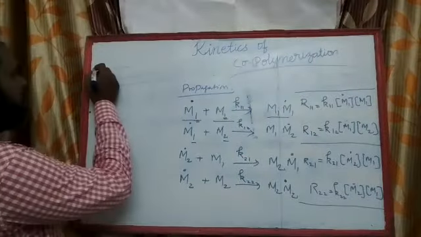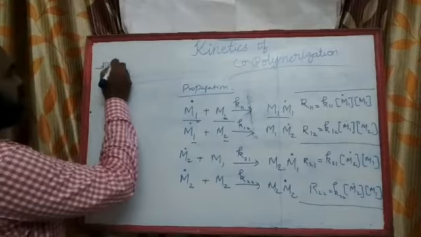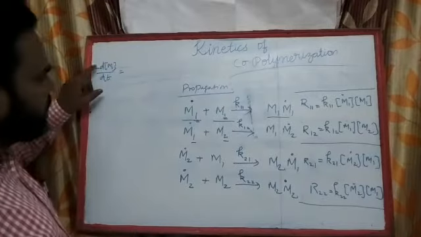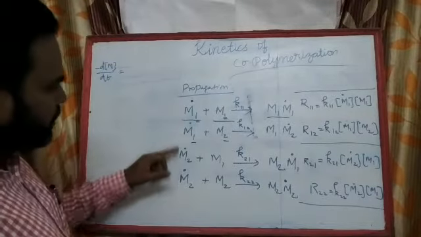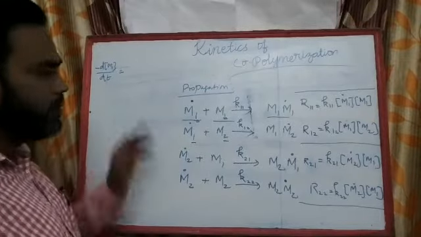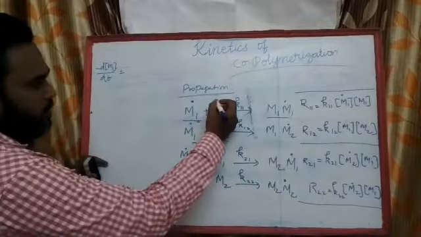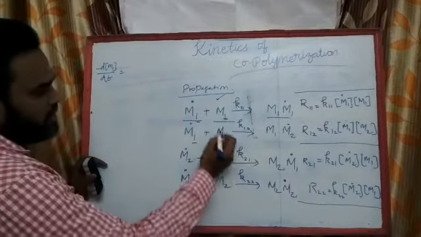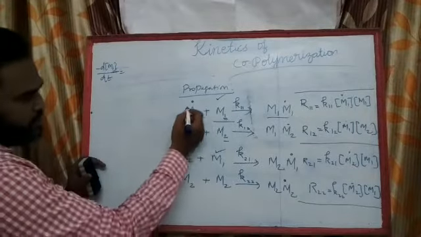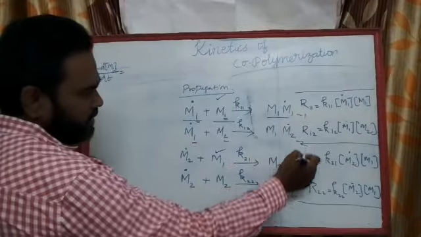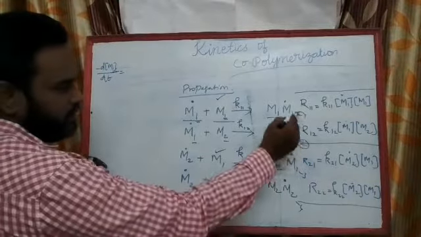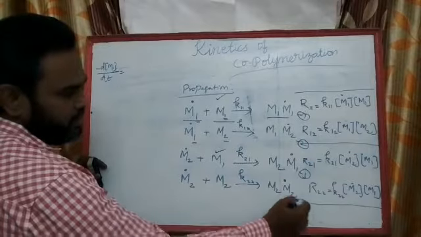So minus dM1 divided by dt. This is the rate of disappearance of the first monomer among the four possible reactions with respect to time. Monomer M1 is consumed in the first reaction and the third reaction.